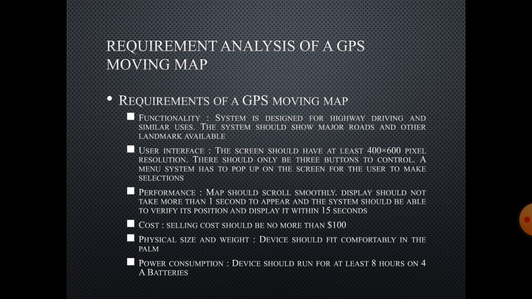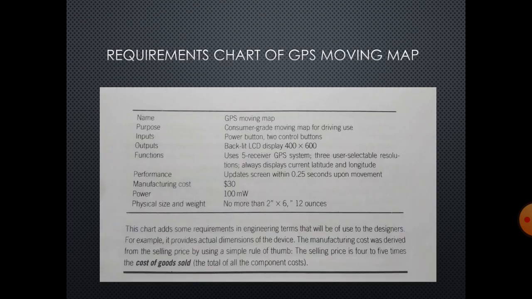At that time, the engineer will not like this. After that, the engineer will change the requirements given by the client into the requirement chart. We have already mentioned the sample chart form. The designer or the engineer will convert the information collected from the client into this chart form.